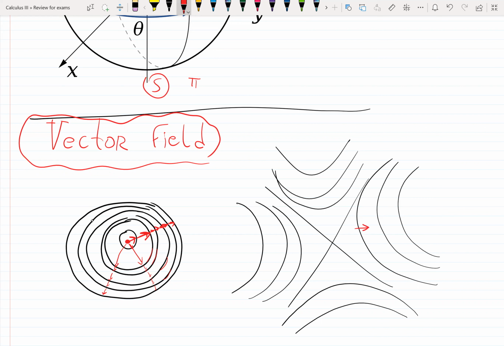So either going to the right or going to the left, we don't know. But at least you should see they should be perpendicular, see? This is the fastest way to get out or to get in. Maybe it even goes like so, or maybe to the left, we don't know. But the whole point should be perpendicular because that's the fastest way to move. Same thing like so, either up and down or down.